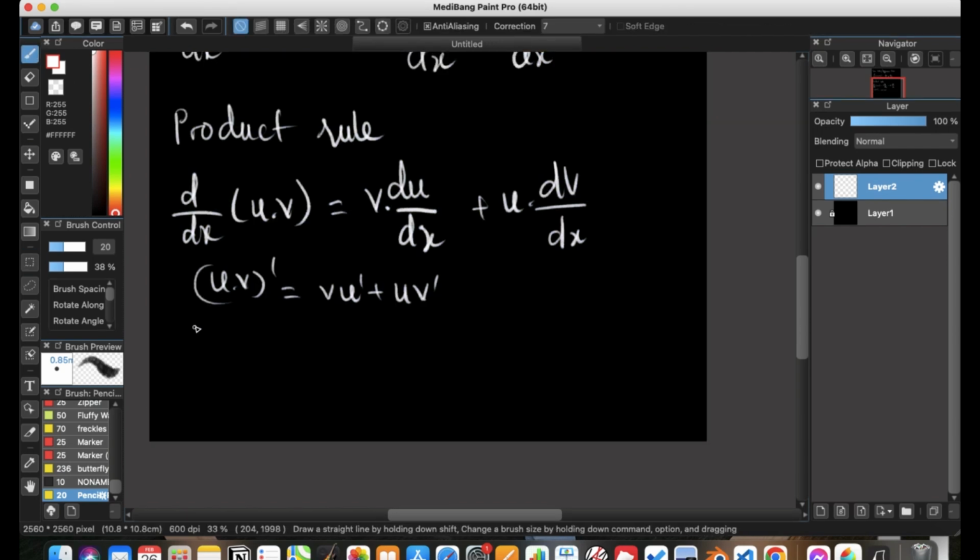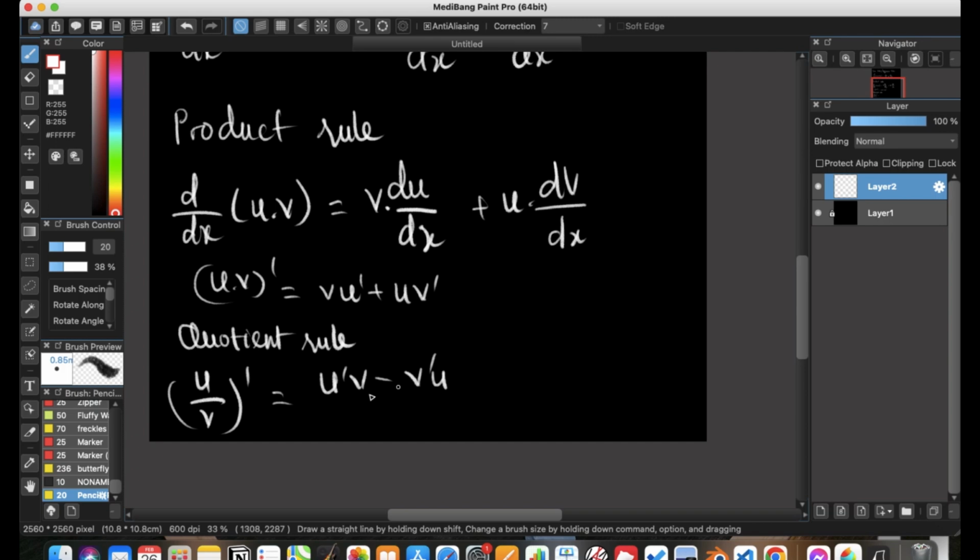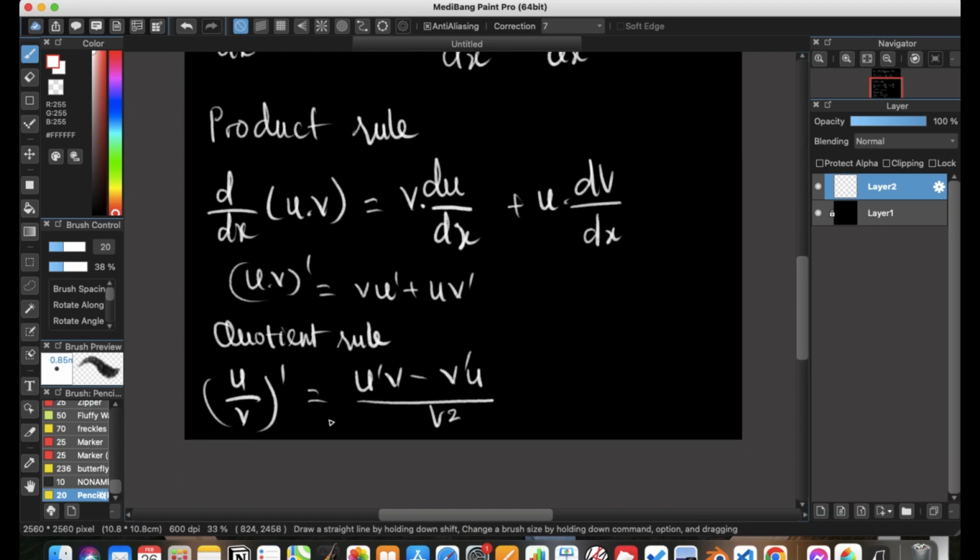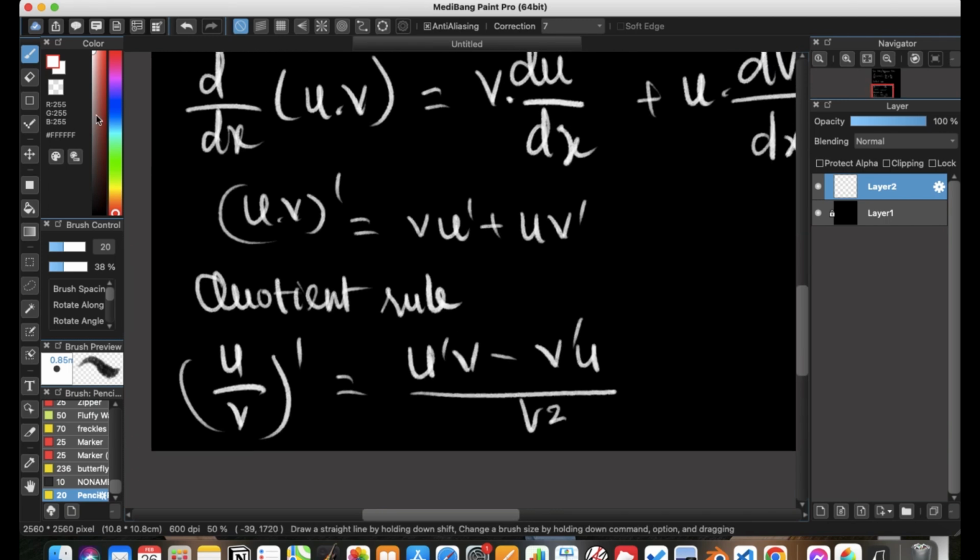Now let's take a look at the quotient rule. Basically, u over v, everything prime, and that will equal this. So you've got to memorize this. Here we have u at the numerator, so you will have to differentiate it first to put it here and take the positive.